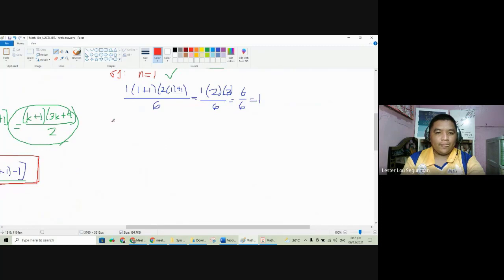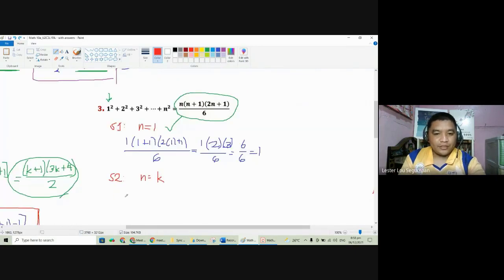Step 2 is now assigning n as k. Our expression here, 1 squared plus 2 squared plus 3 squared plus dot dot dot plus k squared, changing n to k, must be equal to k times k plus 1 times 2k plus 1 all over 6.